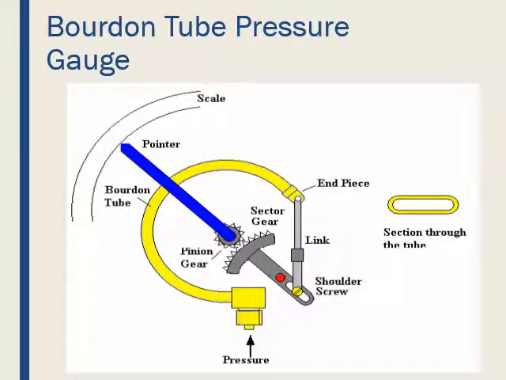Let us go into detail about the working principle of a Bourdon tube. The Bourdon tube is one of the oldest pressure sensing elements. It is a length of metal tube of elliptical cross section and is generally shaped in a letter C. One end is left free and the other end is fixed and is open for the pressure source to be applied.